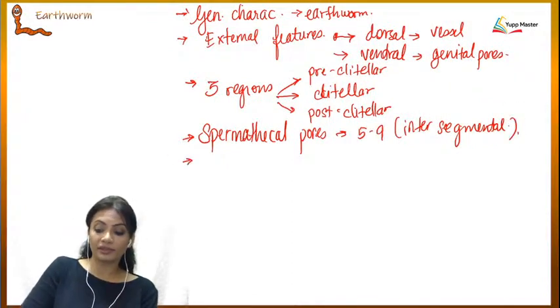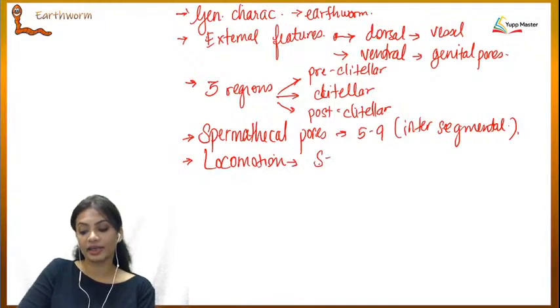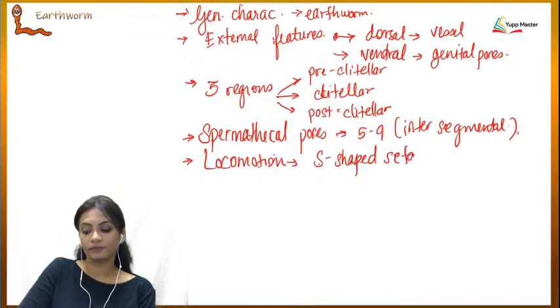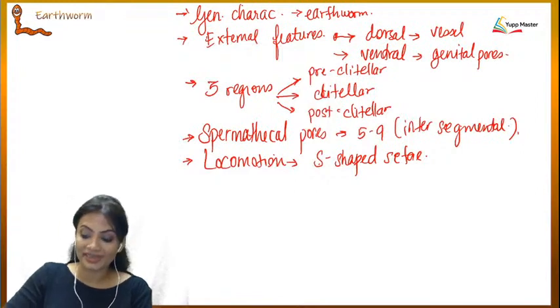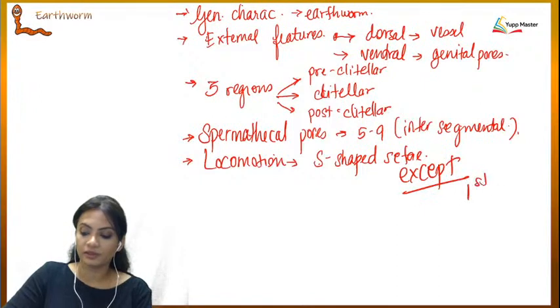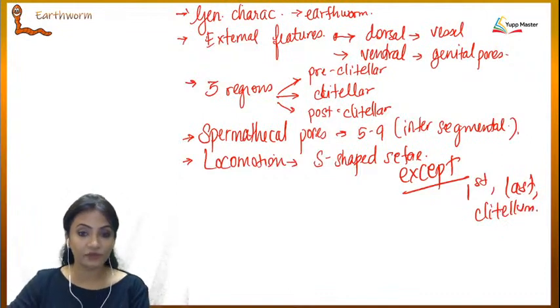Also we saw the structures for locomotion, called S-shaped setae, and these setae were present all throughout the earthworm except the first, the last, and the clitellum. Everywhere else the setae was present for locomotion.